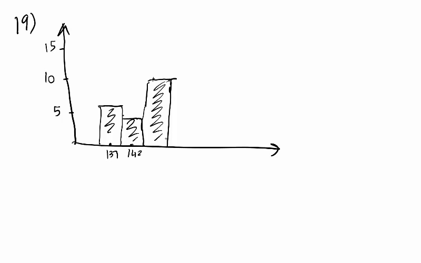And 142 plus 5 will be 147. Okay, let me do the rest. And 15, so that's going to go to the top right here. 147 plus 5 is 152.